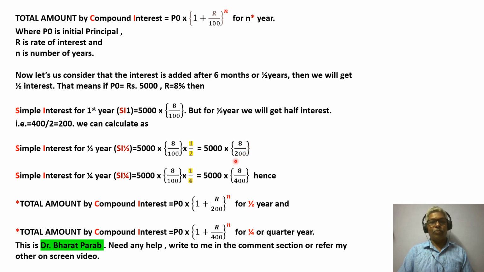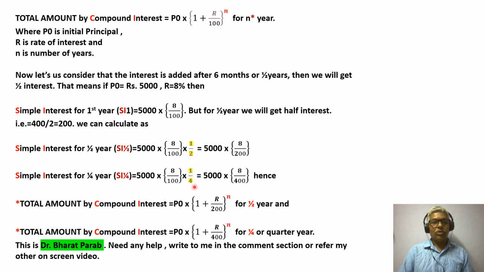Then if interest is added quarterly, or 1/4 year, 4 times a year, then we will be getting not 400 but only 100. So this is 5000 into 8 upon 100 into 1 upon 4. We take this 4 inside and we get 5000 into 8 upon 400. This is when interest is added quarterly or 4 times a year.